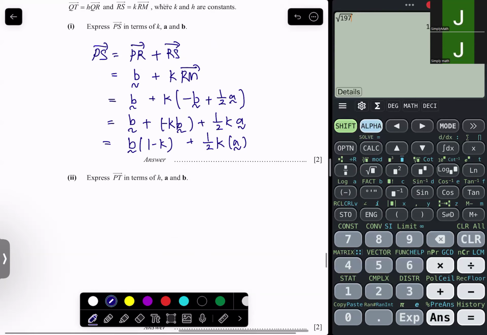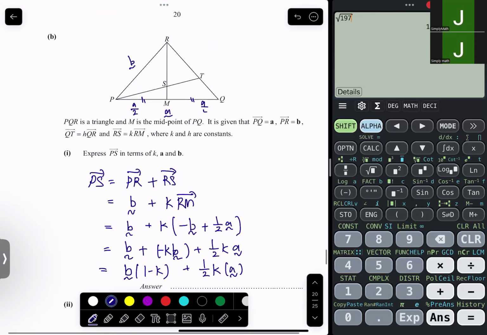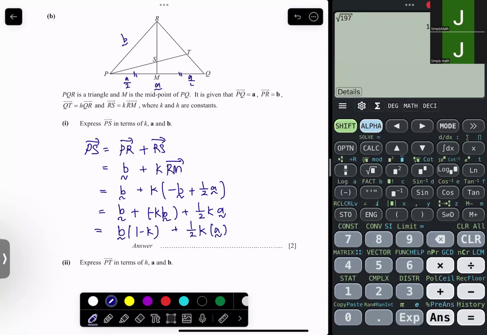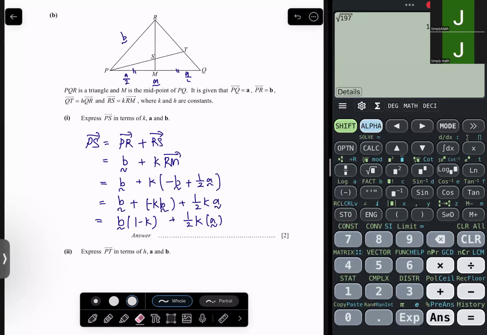Express PT in terms of H, A, and B. PT equals to HQR. HQR, right?